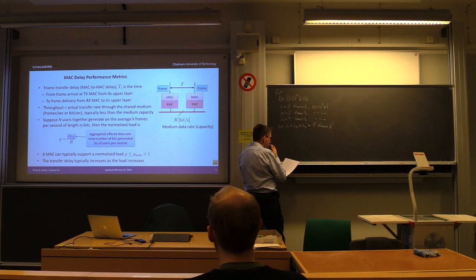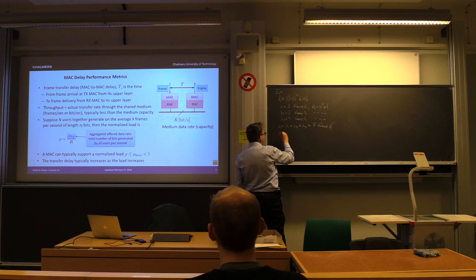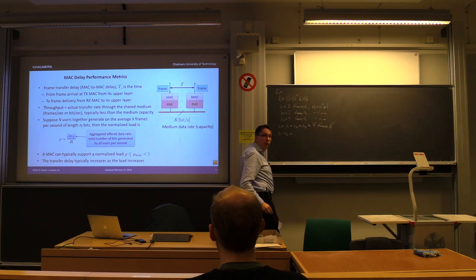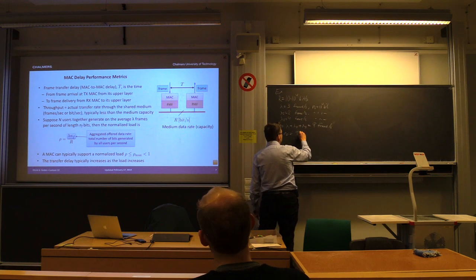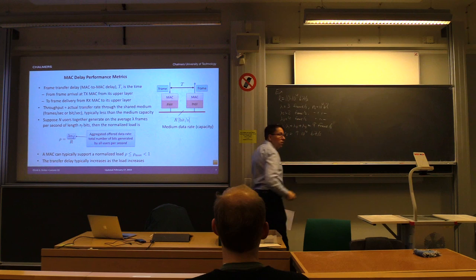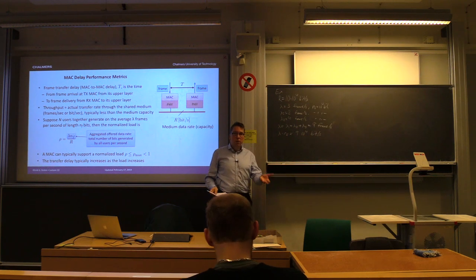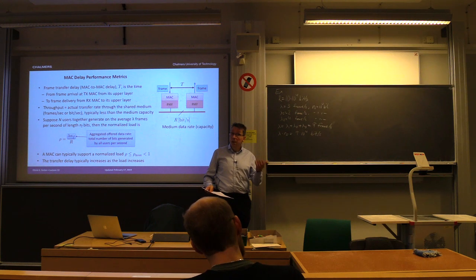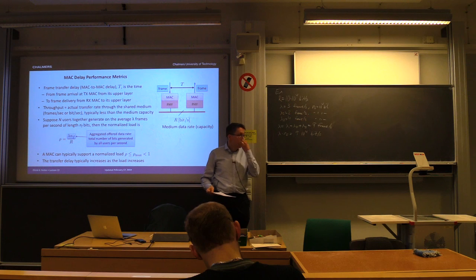The data rate which is offered then is lambda times the number of bits per frame, so that would be 9 times 10 to the 4 bits per second. This is the traffic which is offered or demanded of the physical medium. It doesn't mean that it's actually supported, but this is what is wished for at least.